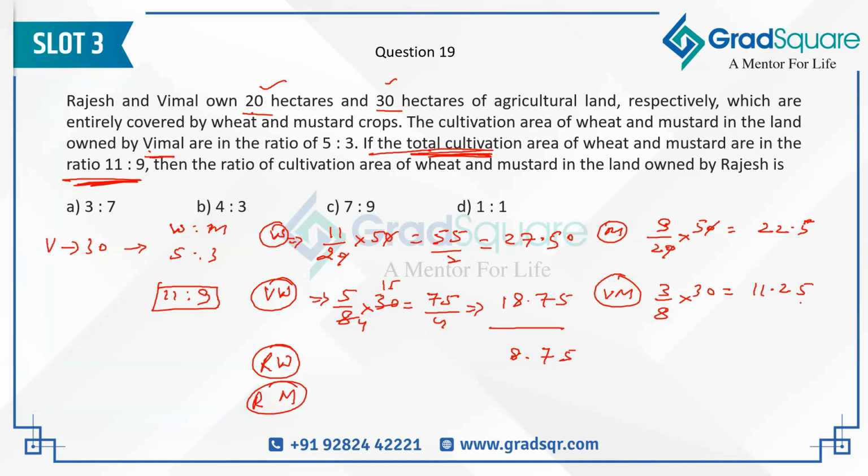So if you subtract this, you will get the area for Rajesh also. So this is going to be 22.5 minus 11.25. So what are they talking about? They are talking about the wheat to mustard area, 8.75, which is 875 divided by 1125, is what is turning out to be the answer. When you solve this, this will turn out to be 7:9 as the answer for this.